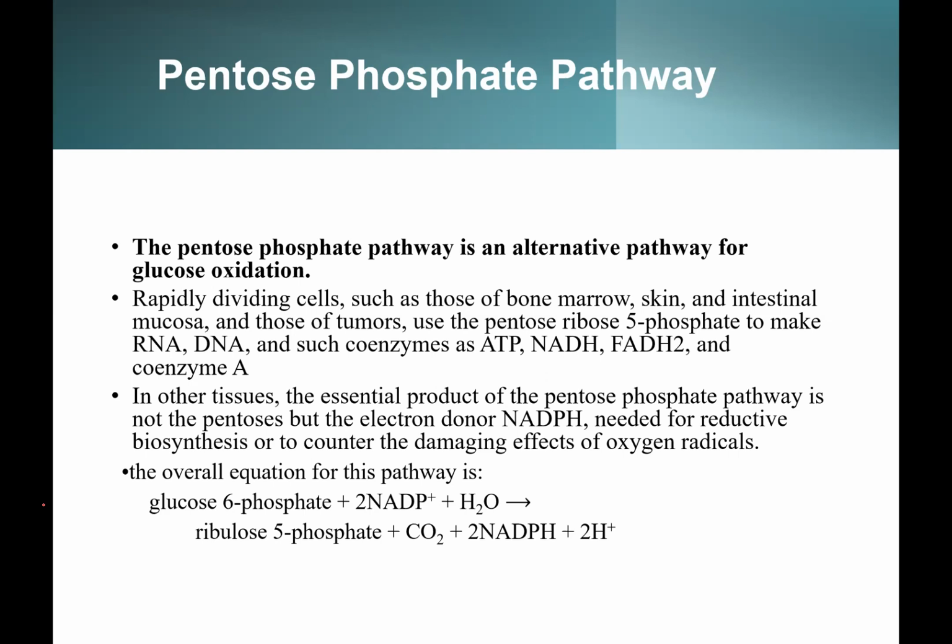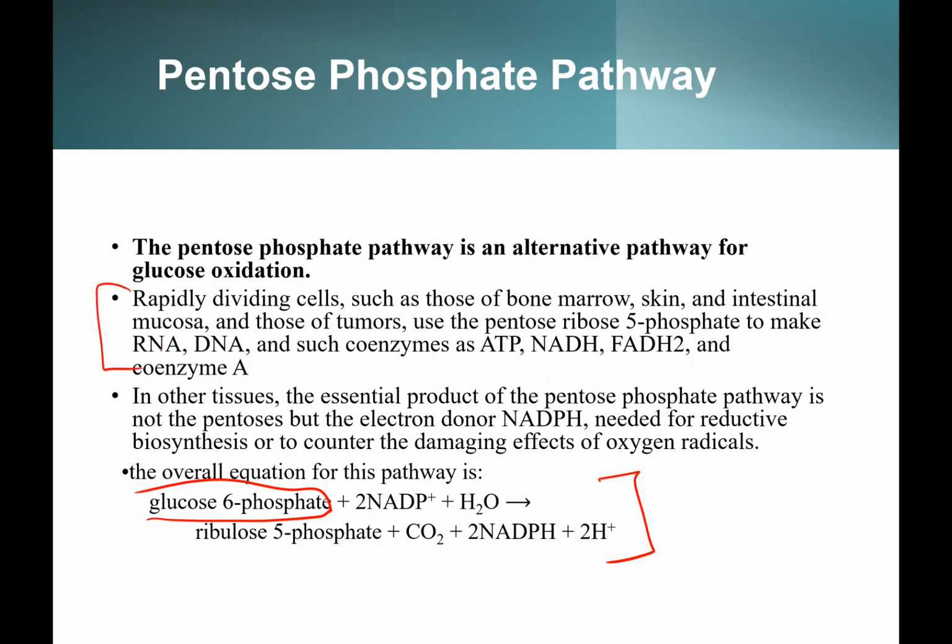Before that, glucose can get phosphorylated, but can go to other pathways. In particular, we're going to look at the overall pathway for the pentose phosphate pathway and see what happens here and why it happens. So why does it happen?